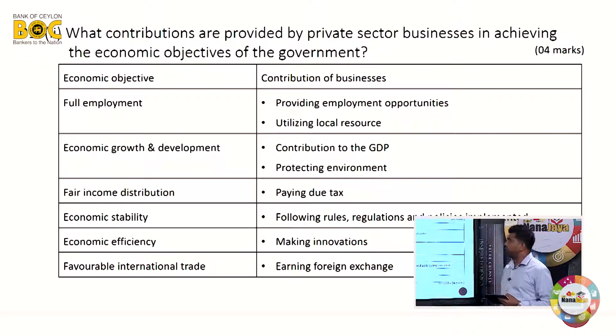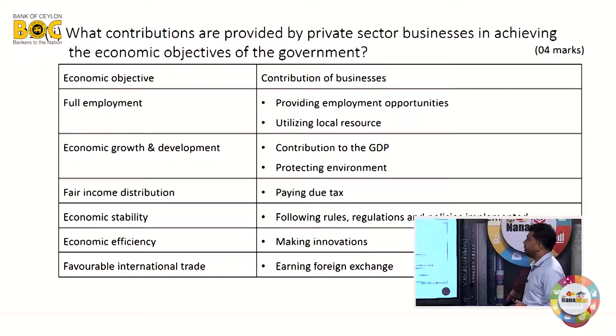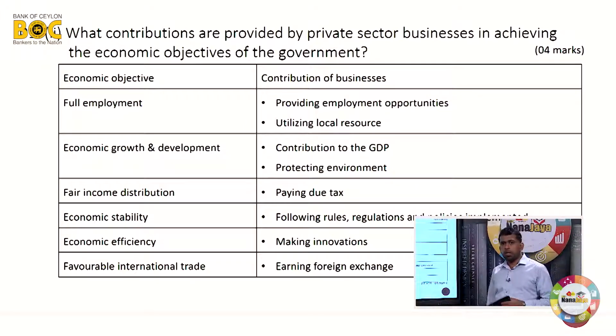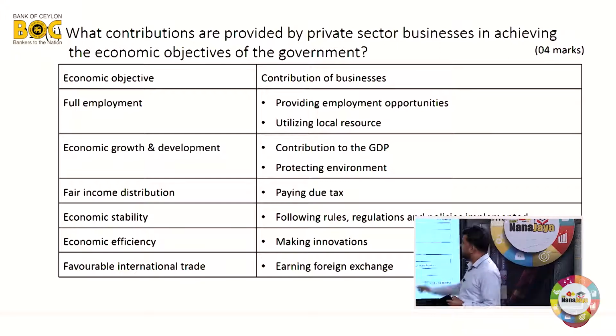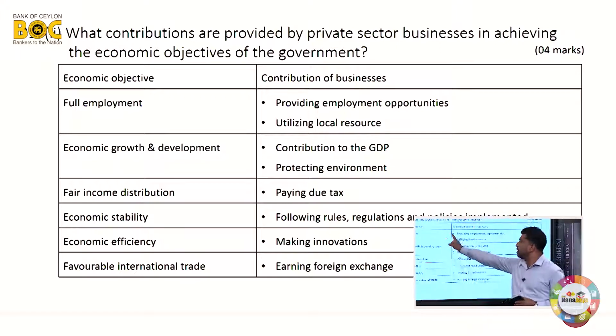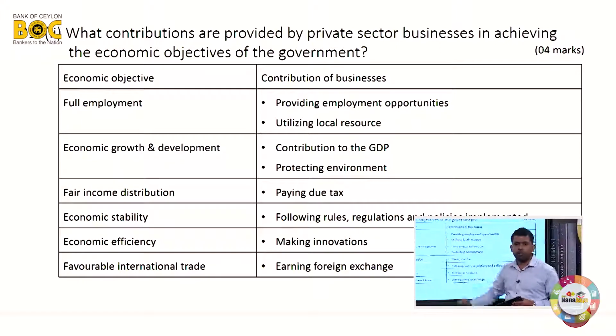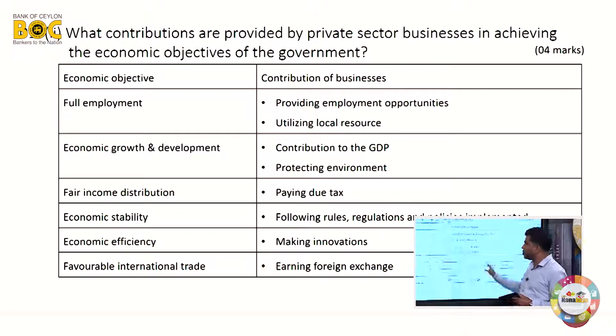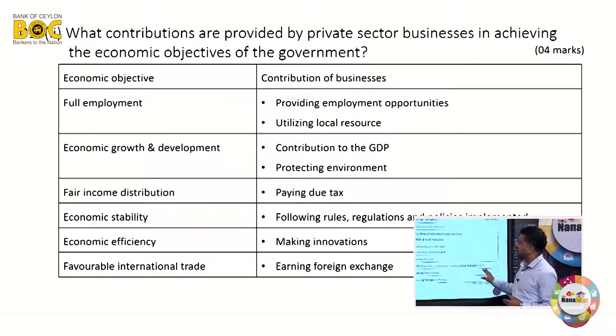Problem number 2 of question number 1: What contributions are provided by private sector businesses in achieving the economic objectives of the government? To provide a successful answer, we can match contributions of businesses with various economic objectives of the government. I have shown this using a table.